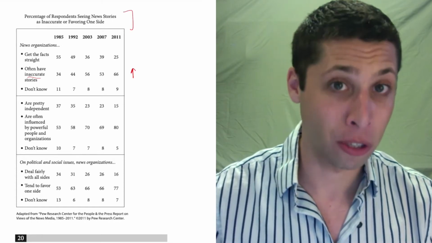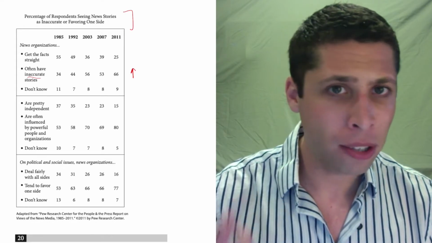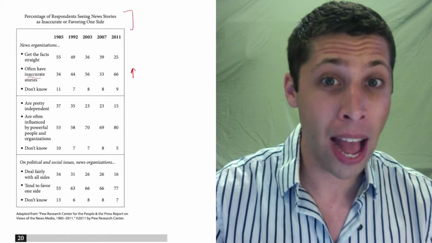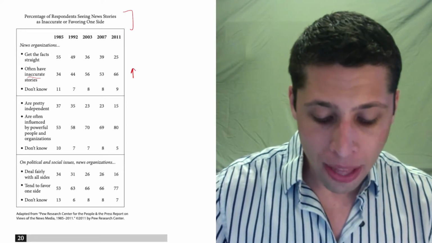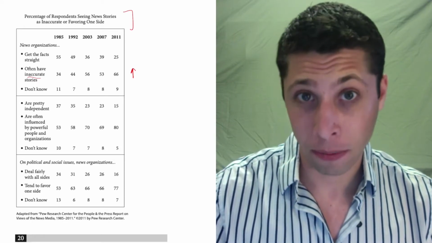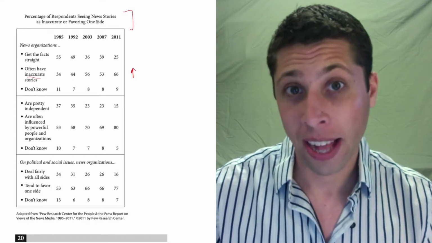The title of the chart kind of tells us what we're dealing with here. We weren't measuring news stories. This chart, this survey is asking people what they think about the news. So as these numbers go up, that's not because there's more news that's inaccurate. It just means that people think that there's more news that's inaccurate.